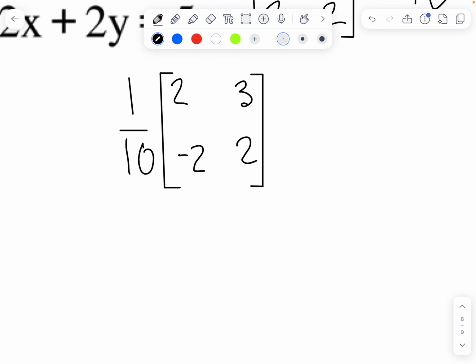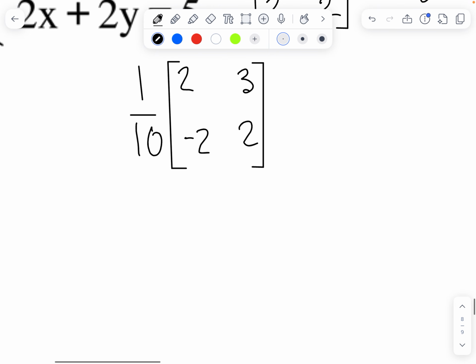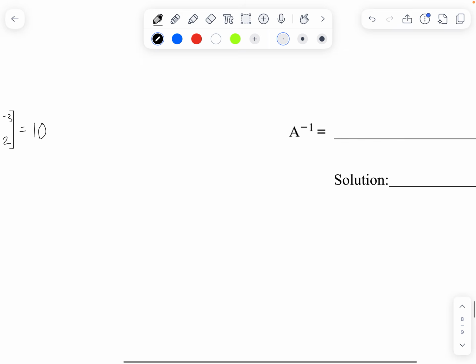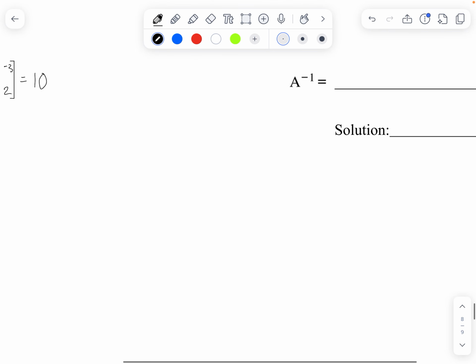And now we do have to solve this because it asks us for the inverse of the matrix.